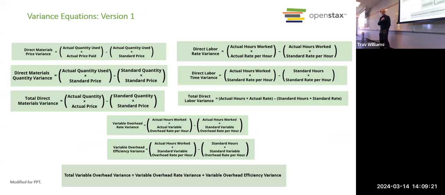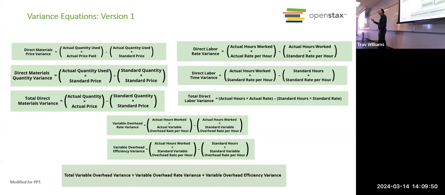Now this slide, I think you'll find really useful. So you can get this in the PowerPoint. I think there's a page in the textbook like this as well. It's got all of these formulas together. So you've got your price variance for materials, the labor rate variance, the variable overhead rate variance, right?